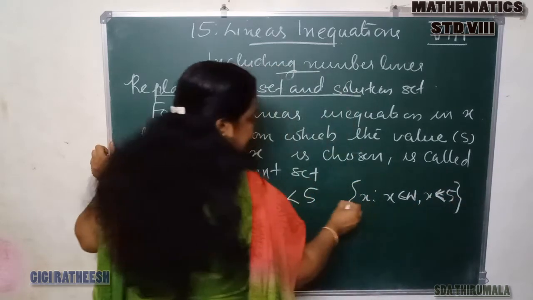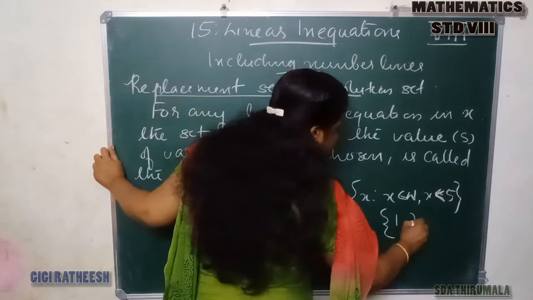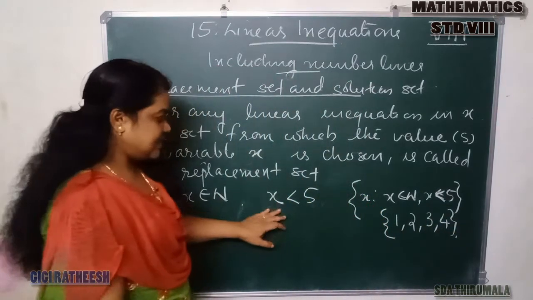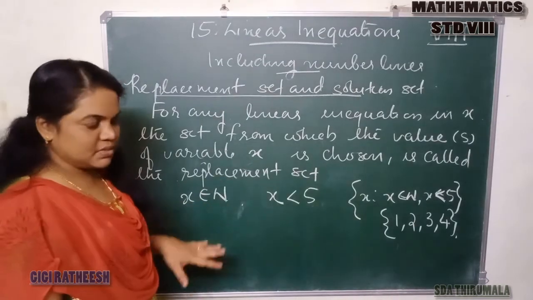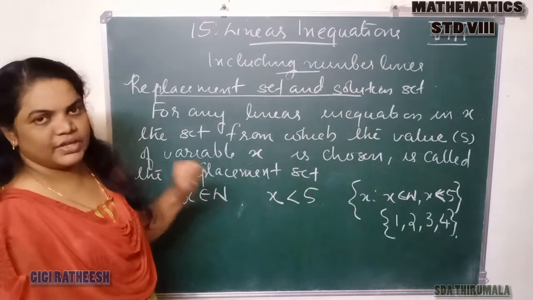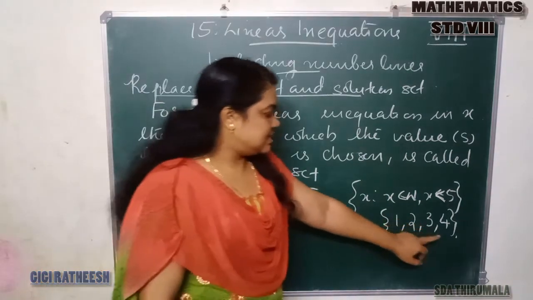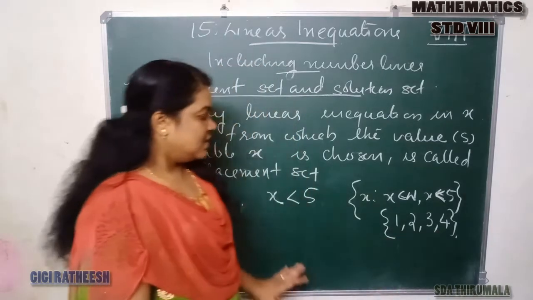The elements in the set are 1, 2, 3, 4, the natural numbers less than 5. Okay, this is the solution set.